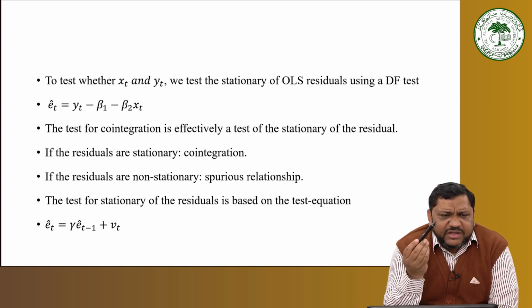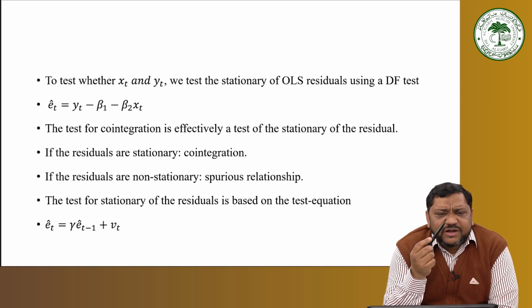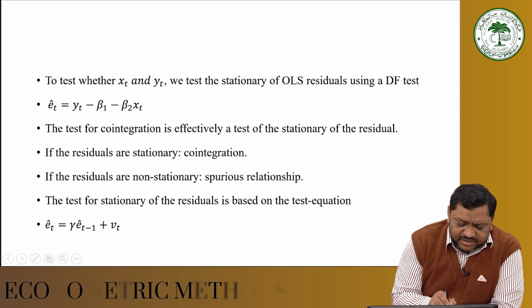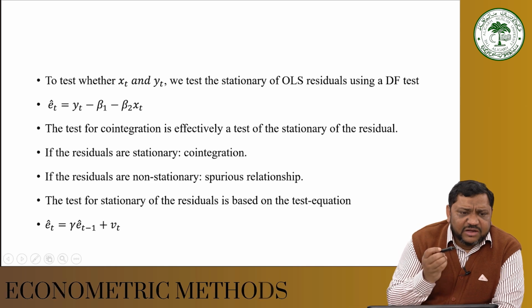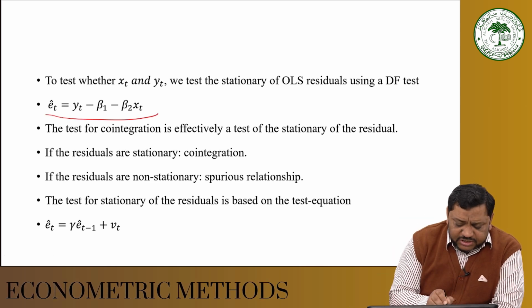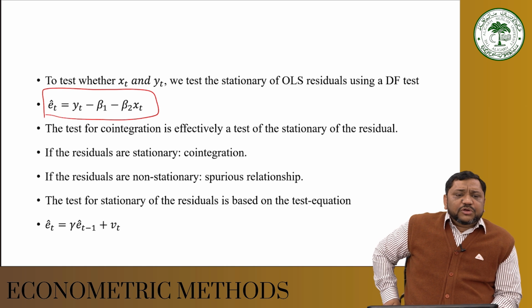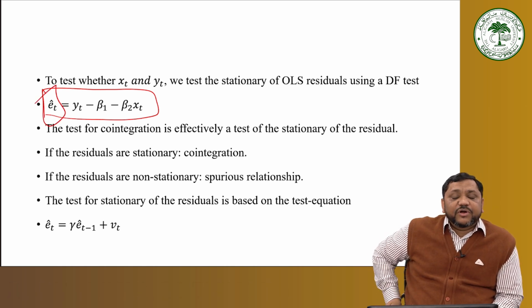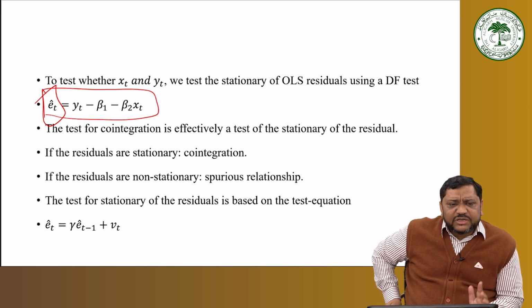To test whether xt and yt are cointegrated, we can use the Dickey-Fuller test. We don't have the exact Et because we are taking a sample to study, so we estimate Et hat. If this series is stationary, there is cointegration. If this series is not stationary, there is a spurious relationship. So the natural way to test whether xt and yt are cointegrated is to test whether the error term is stationary or not.